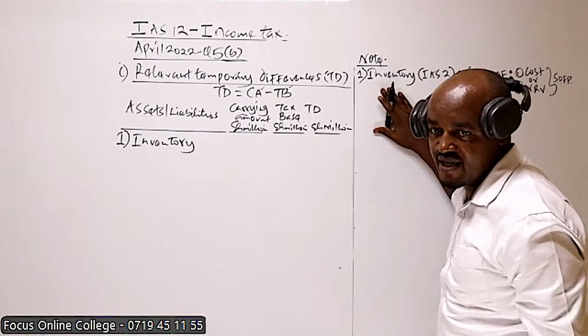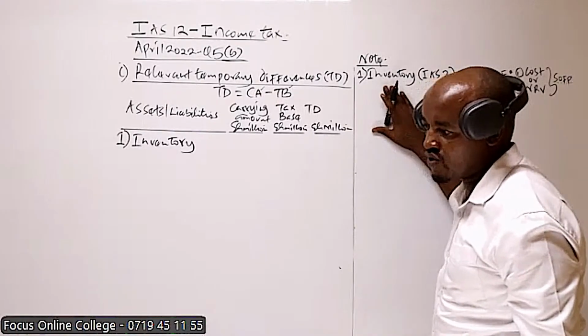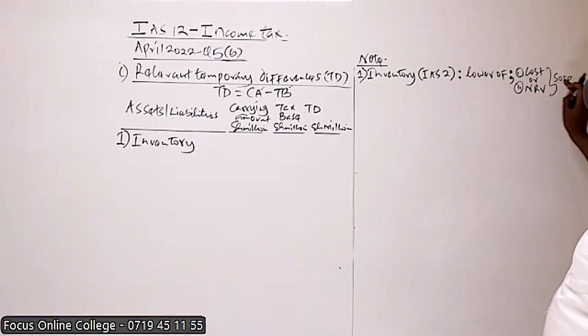Remember, the inventory we are referring to here is the closing inventory, which is a current asset. Being a current asset, it goes to the statement of financial position. So we record the inventory in the statement of financial position at the lower of the two, and this value is the carrying amount.